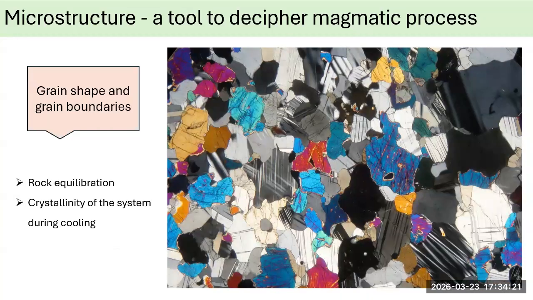Shape of the grain boundaries can tell us a lot about the rock. It can tell us how crystalline it was while it was cooling, but it also tells us how long it took to equilibrate. If you think about mantle rocks, we always envision olivine crystals with an almost foam structure where grain boundaries are 120 degrees, because these rocks stay quite a long time at high temperatures, and their shapes reach the perfect energy balance.